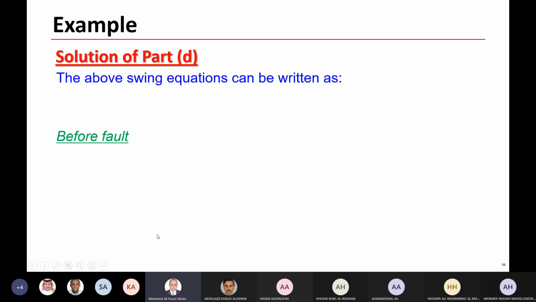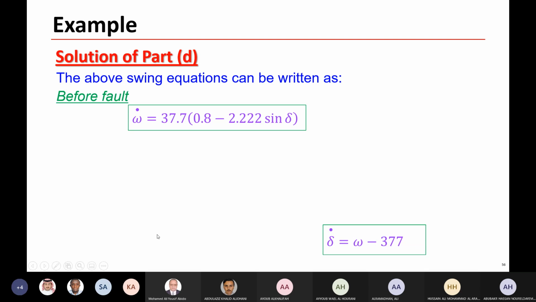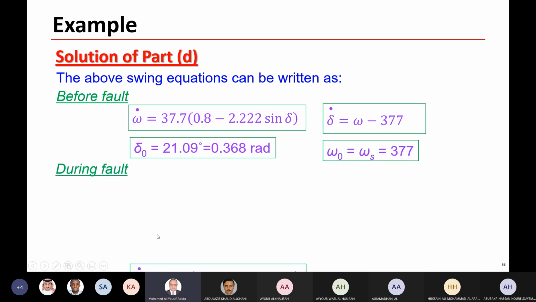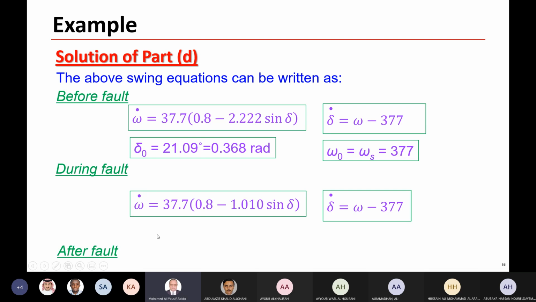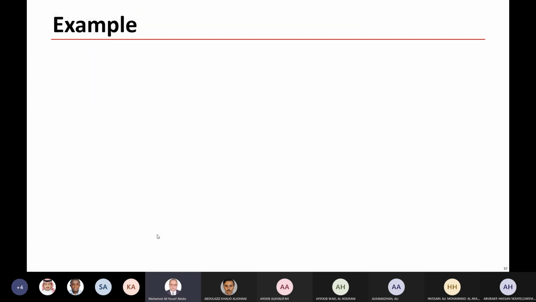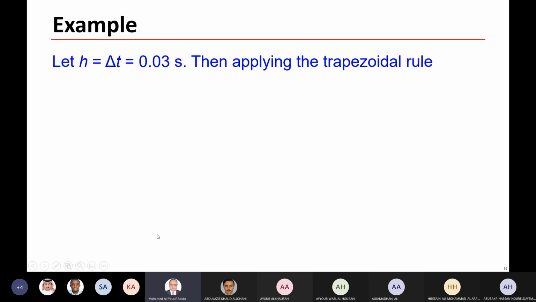The needed is assuming that the time step is equal to 0.03 second. We need delta t equal to this, then applying the trapezoidal rule to solve this.